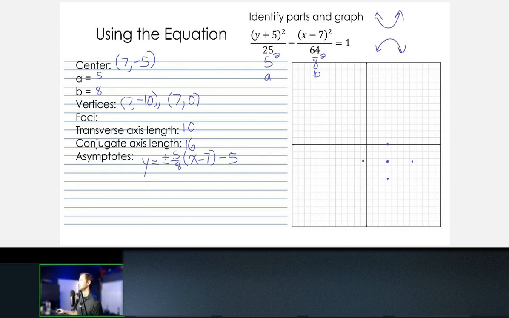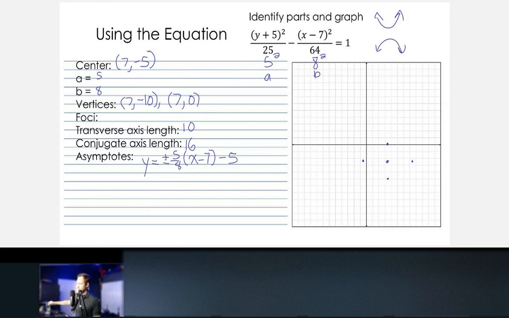Next, well, I should actually do my focus point first. How do I find my focus point? My coordinate. Well, how do I find my focus point?